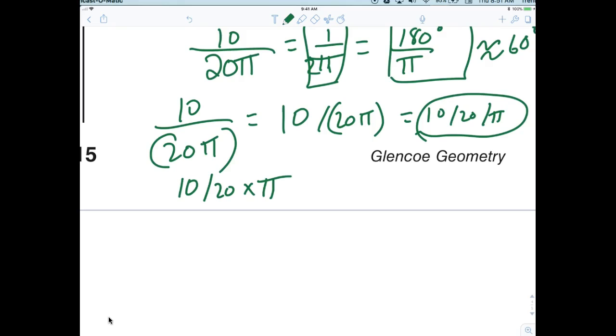So you could do 20 times pi and get 60. 10 divided by 60 is what you're doing. Not 1/2 times pi, which is what he did. The reason why I know that is because half of pi is about 1.5. You understand me now? All right.